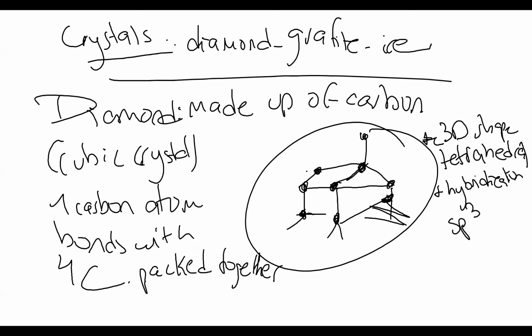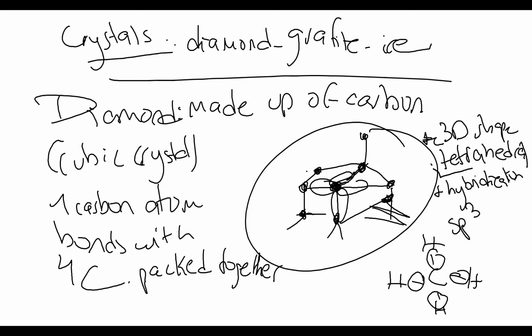Methane is a carbon that has 4 H's, so we have 4 bonds. Look at this carbon: 1, 2, 3, 4. When we have 4 bonds, the central carbon is tetrahedral. Tetra means 4. So that's all you should know about diamonds.